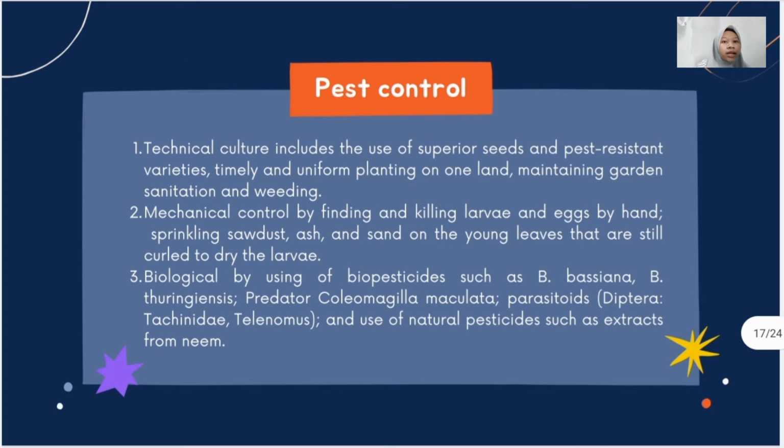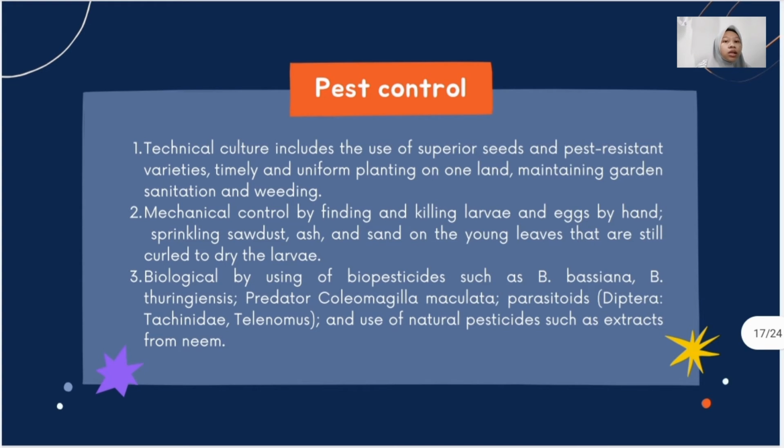Pest control can use technical control, which includes the use of superior seeds and pest resistant varieties, uniform planting on one land, maintaining garden sanitation, and weeding. Mechanical control means finding and killing larvae and eggs by hand, and sprinkling sawdust, ash, and sand on the young leaves that are still curled to dry the larvae.